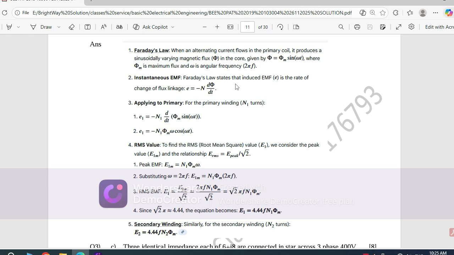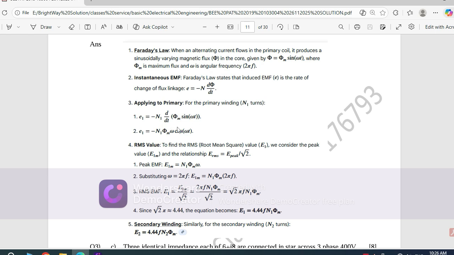The minus is there because we consider Lenz's law, the nature of the generated EMF is opposing its cause of production, meaning the source. So the EMF works against the source, so it is considered as a negative. Applying to the primary winding, N1 is the number of turns of the primary winding.